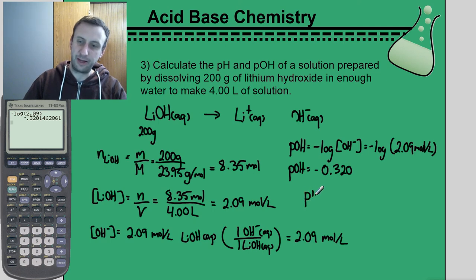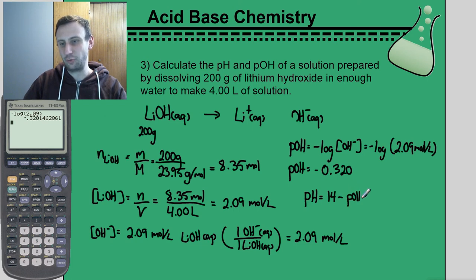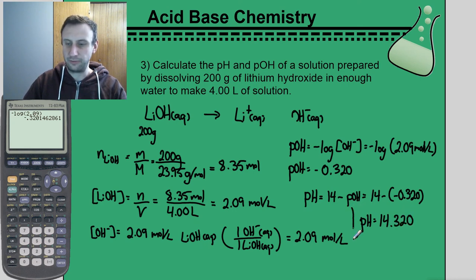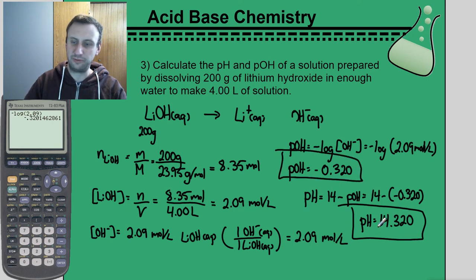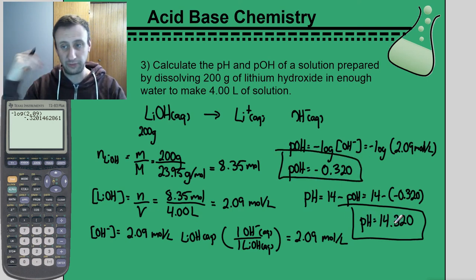So then if I'm going to find pH, that will be equal to 14 minus my pOH. So I have 14 minus negative 0.320, and that's going to give me a pH of 14.320. So those are my final answers. I have a pOH of negative 0.320 and a pH of 14.320.